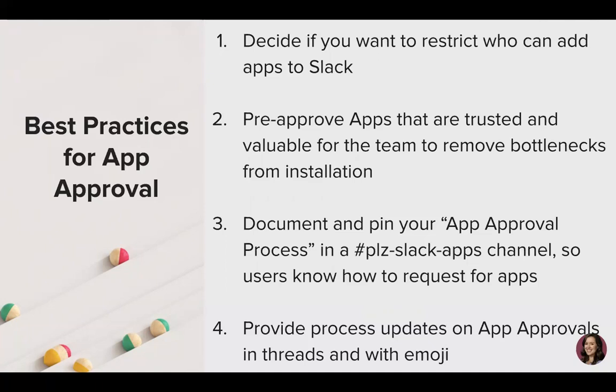And lastly, provide regular updates on each request that is made by updating in a thread or even using emojis. So here at Slack, when I request an app, someone on our IT team reacts with the little eyes emoji to indicate that the request is being looked at, and then they use the green check mark to indicate that the request has been taken care of. That way, I'm always in the loop about the status of any requests that I've made.